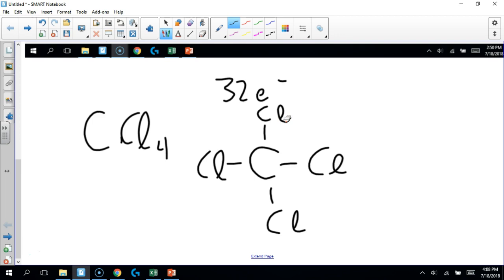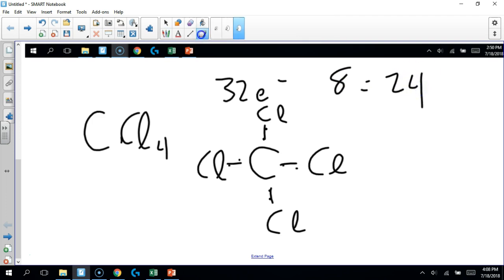That was the second step. How many electrons have we used to make that skeleton structure? Well, each line represents 2 electrons. So that's 1, 2, 1, 2, 1, 2, 1, 2. So we have used 8. So 32 minus 8, we still have 24 electrons to use somehow.